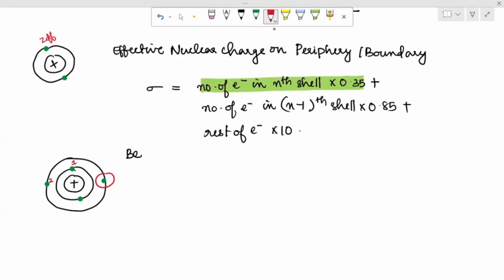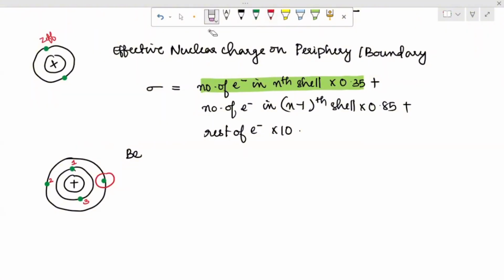By 1, 2, and 3. So in total, there are 4. But if you want to know the screening constant on this particular electron, there will be effect by the other 3 only. And that's why in the equation we have n minus 1 into 0.35. I hope you get it. This electron will not have electron repulsion with itself. Correct. It will have electron repulsion with the other electrons. So we have to subtract 1.